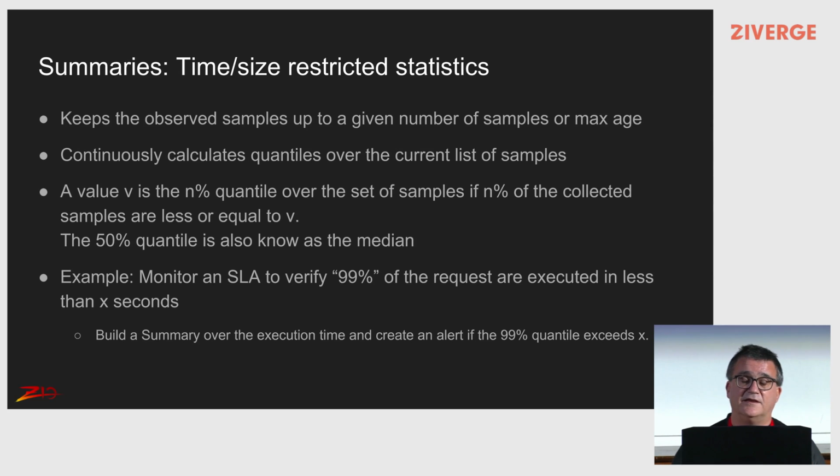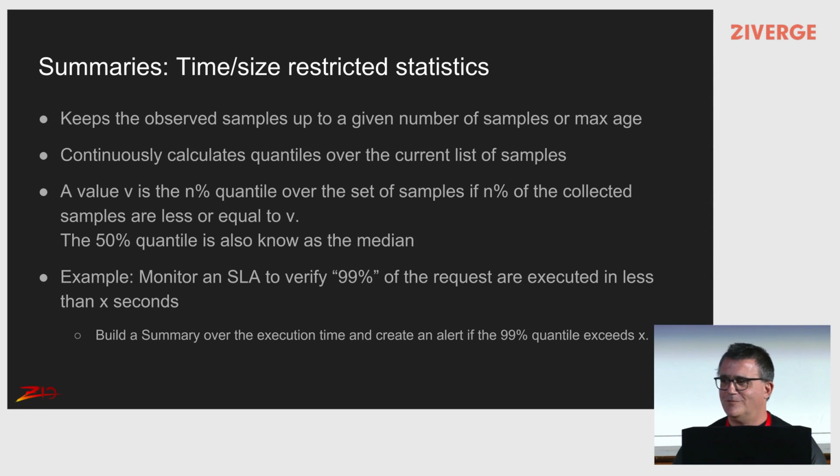You define, for example, the 10% quantile, the 50% quantile or the 90% quantile. A quantile represents a value: the 90% quantile, for example, is the value within our samples where 90% of the values are less than or equal to that particular value.